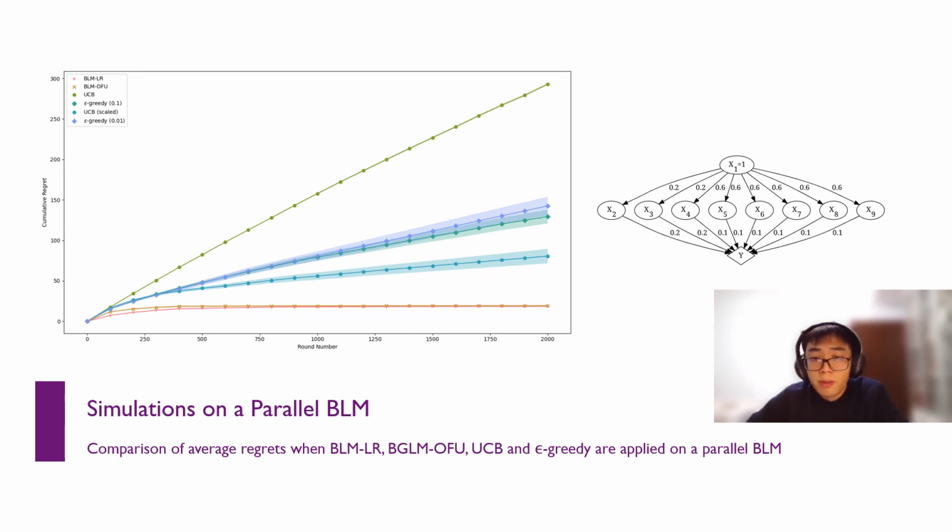The difference of performance is huge. The CMAB framework cannot be applied to this problem because of the lack of the independence assumptions. Therefore, our algorithm is currently the state of the art. We also run simulations on other graph structures in our paper.